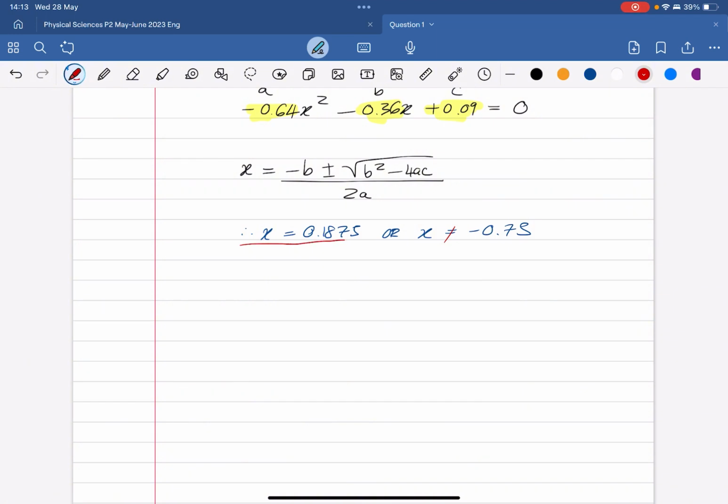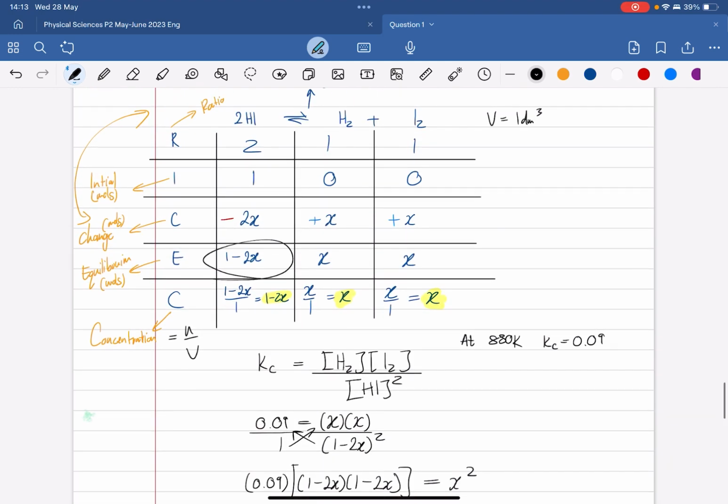So therefore the x value is actually equal to 0.1875. Remember that represents number of moles. Remember we are actually looking for the number of moles of the hydrogen iodide at equilibrium, and that is this section over here. So it's 1 minus 2x, because remember this is the number of moles of hydrogen iodide at equilibrium.